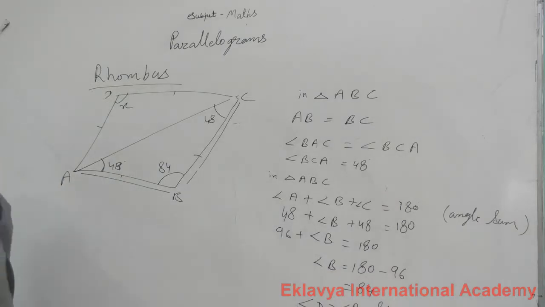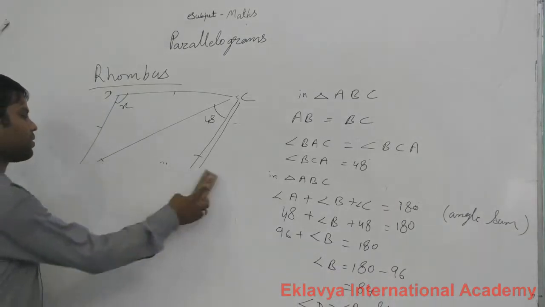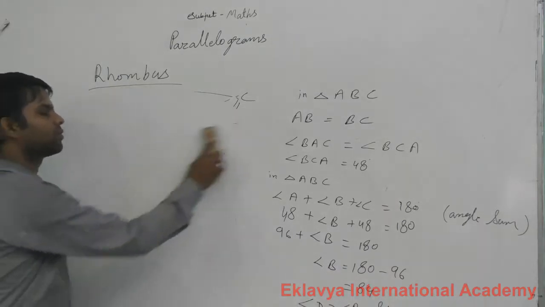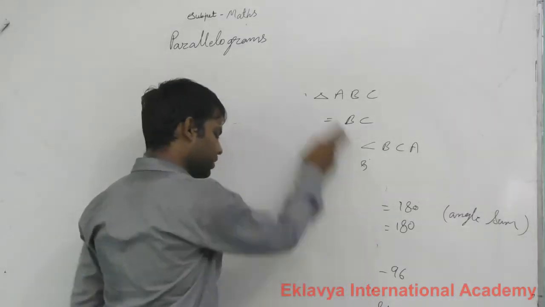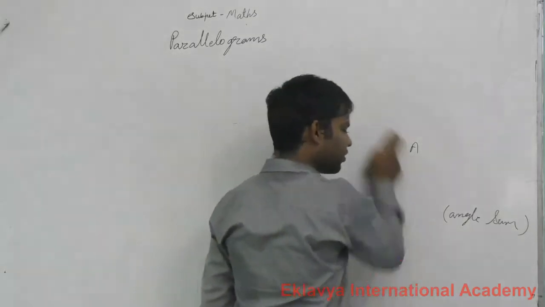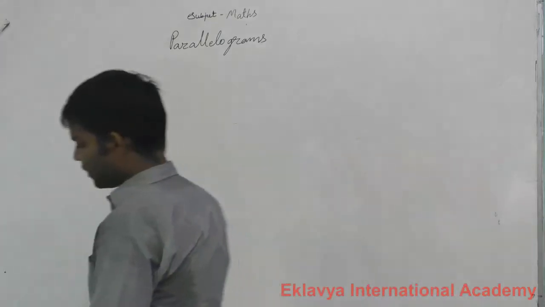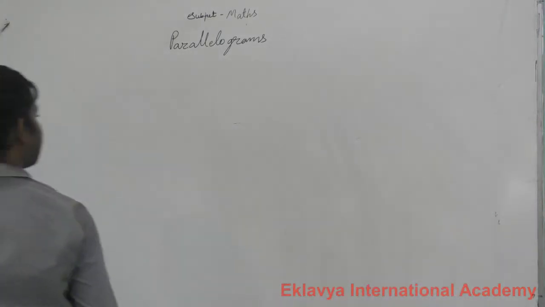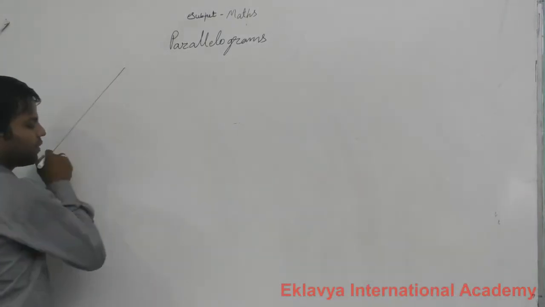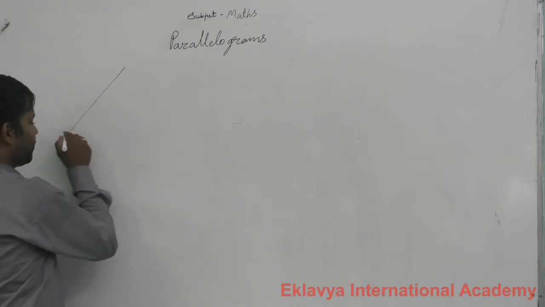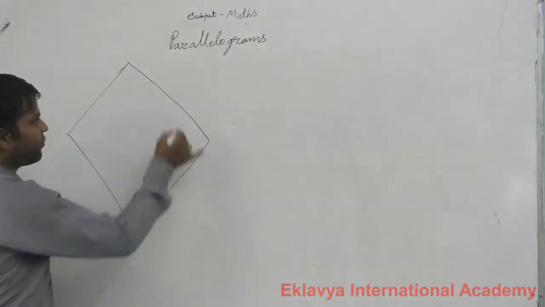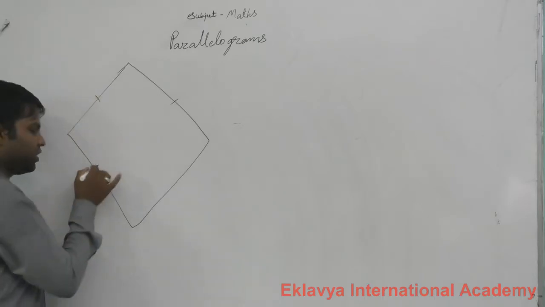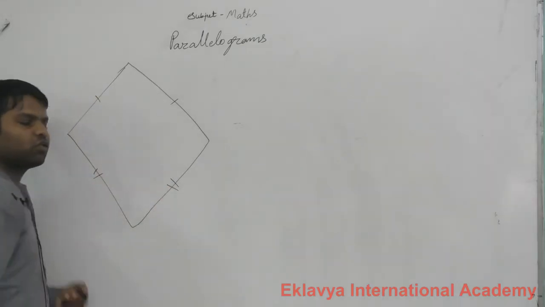Next, if we have a different type of figure, the name of the figure is not given, but here it is given that adjacent sides are equal. In this figure, adjacent sides are equal, it means this one side is equal to this one and this one side is equal to this one.